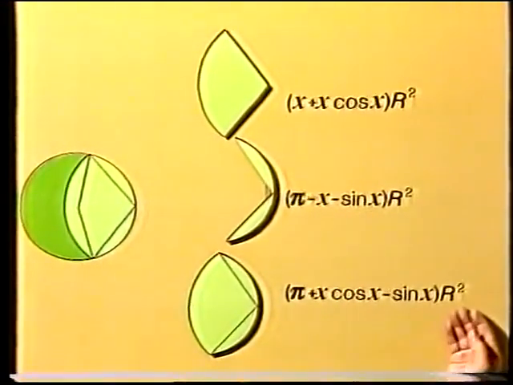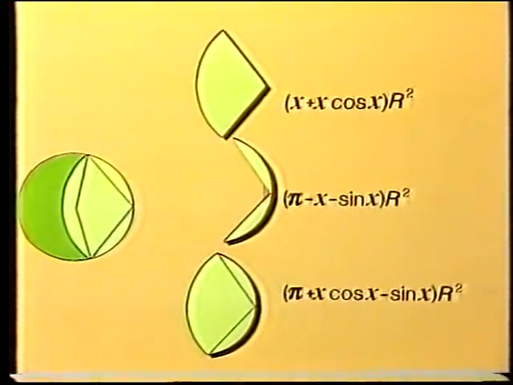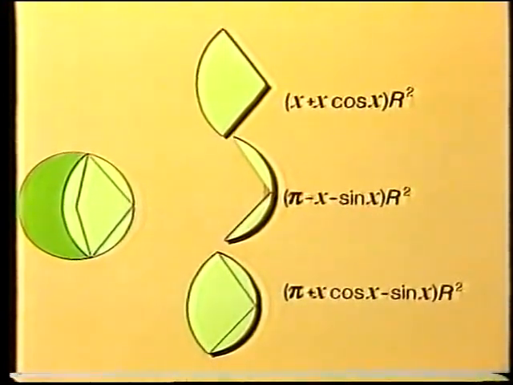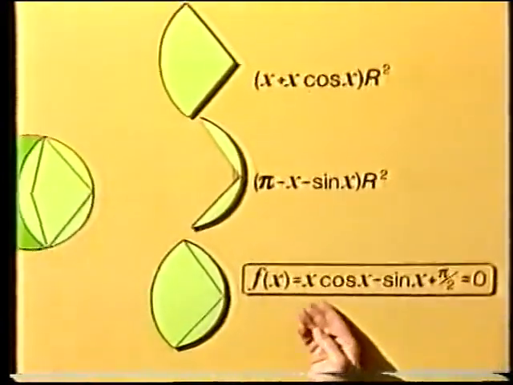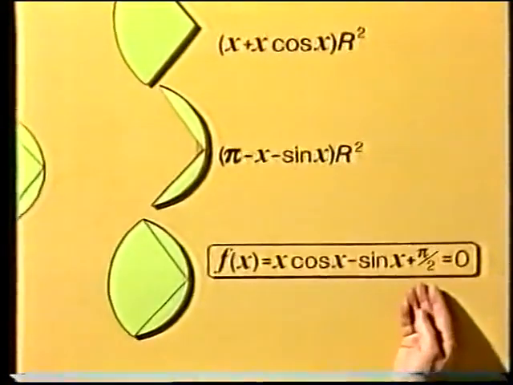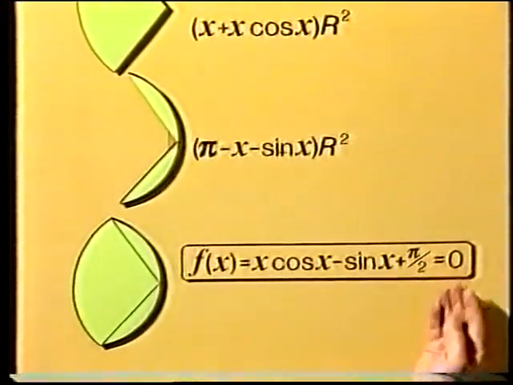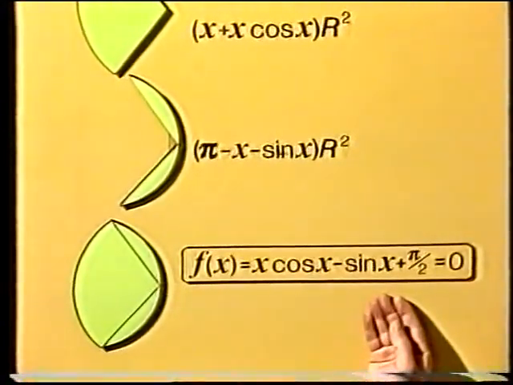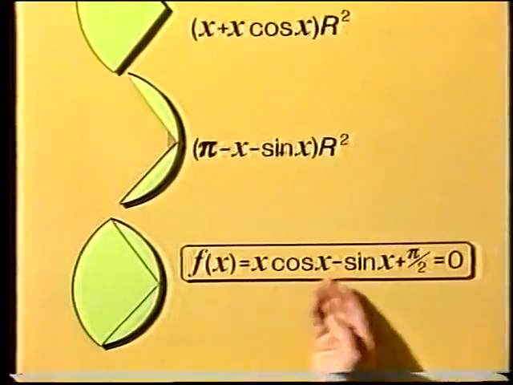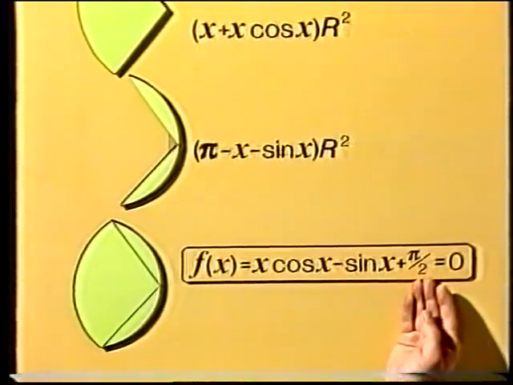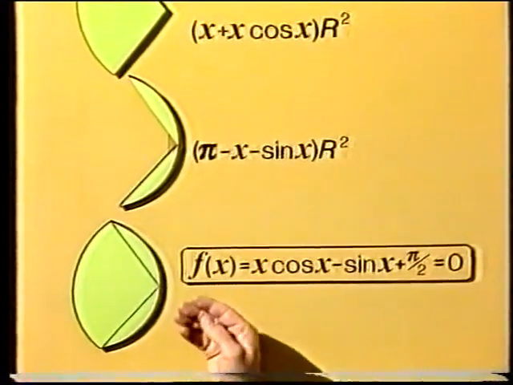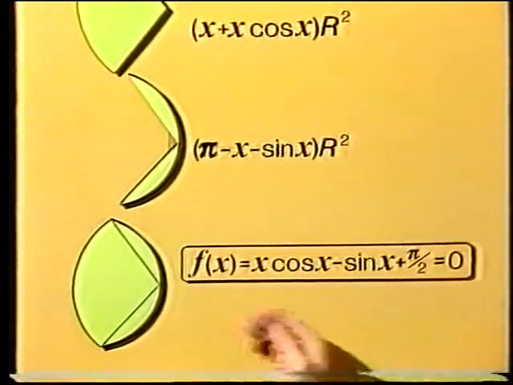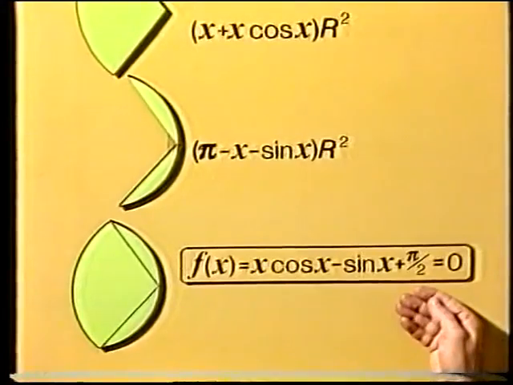Now, if we put this equal to half the area of the field, that's a half pi r squared, we get this equation: x cos x minus sine x plus pi by 2 equals 0. And that's what we've got to solve. Now, to save having to say this lot time and time again, we'll call it f of x. So we're trying to solve the equation f of x equals 0, where f of x is this expression.